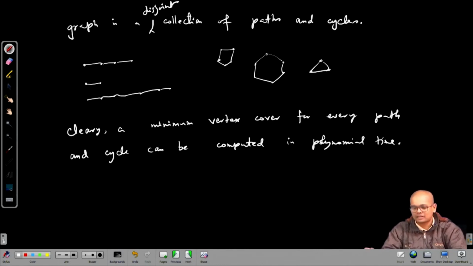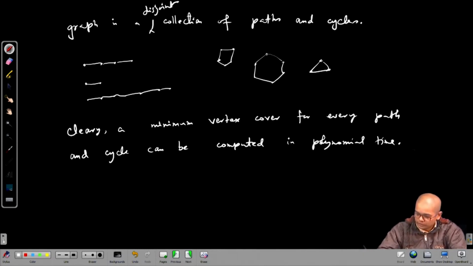And what is the minimum vertex cover of this graph? It's a union of minimum vertex covers of each connected component. That means for each path and cycle, you find the minimum vertex cover and take the disjoint union.